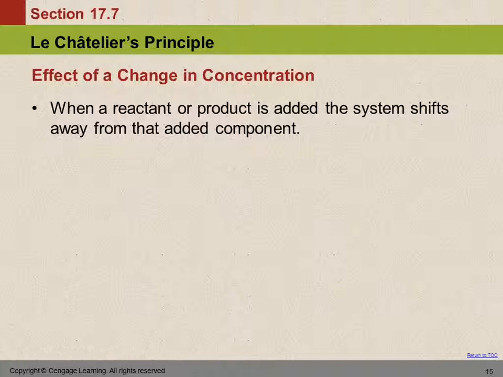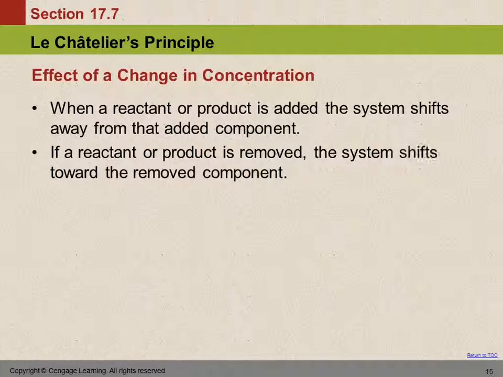We just want to keep everything the same. So if you add a reactant or product, the system shifts away from that. If you take away reactant or product, the system's going to fight back, and it's going to shift in a way that will replace the product that you removed.